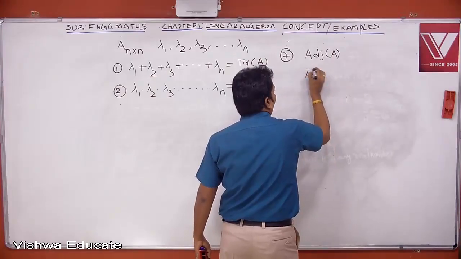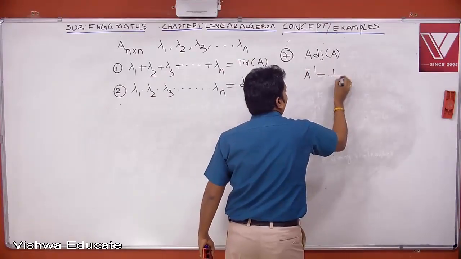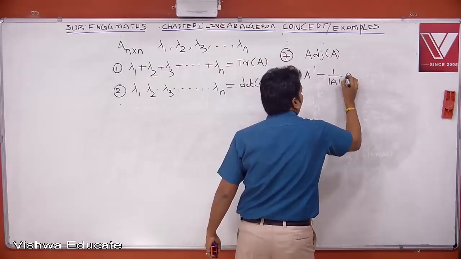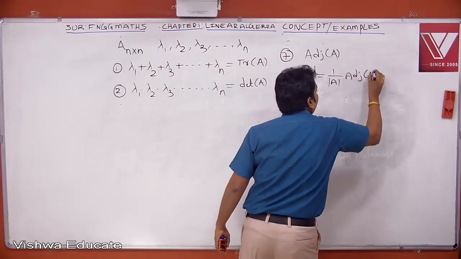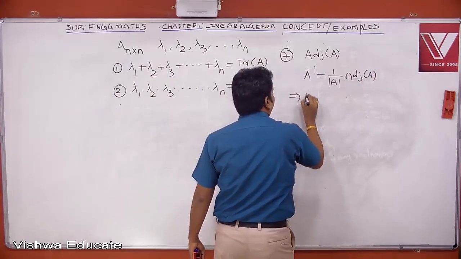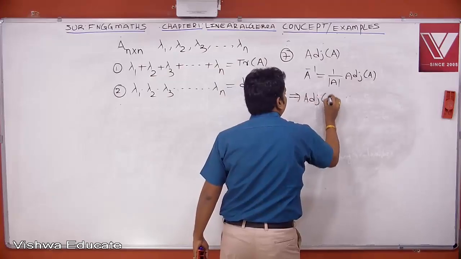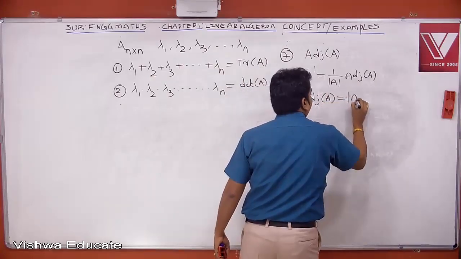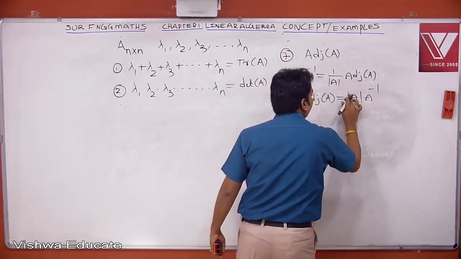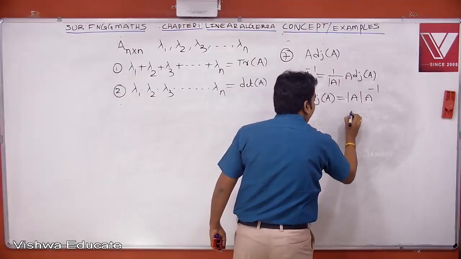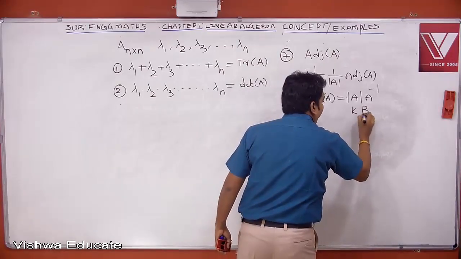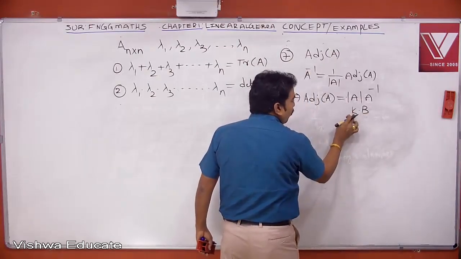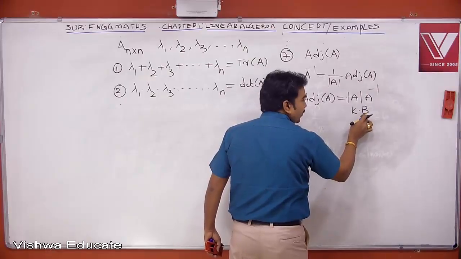Suppose I have the expression A inverse equals 1 by det A into adjoint of A. From this, I can write adjoint of A equals det A into A inverse. Now this is in the form K into some matrix B, because det A is some constant and A inverse is some matrix.